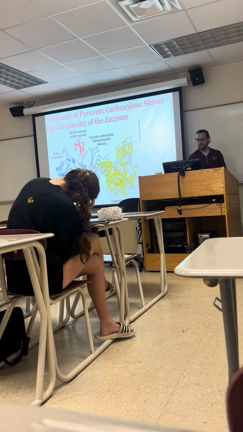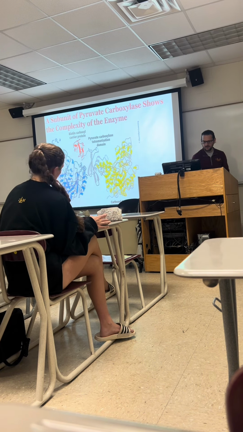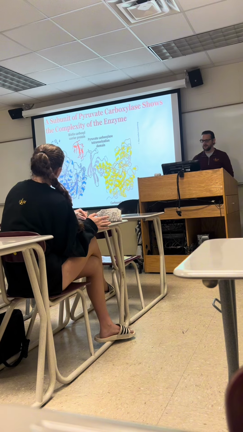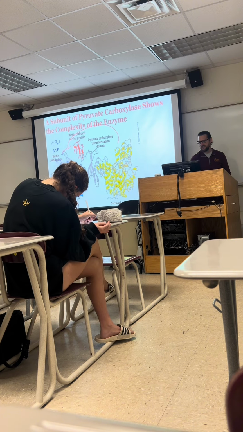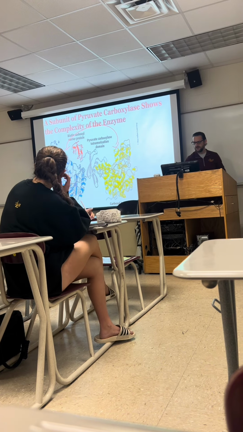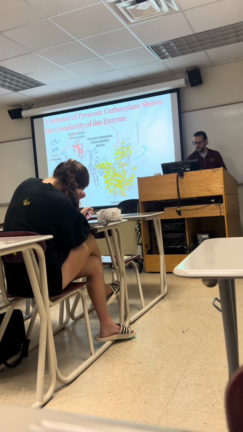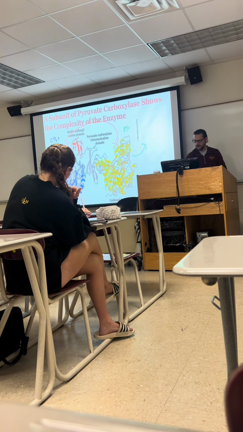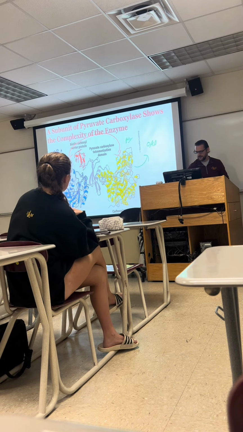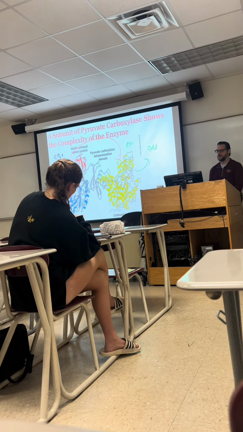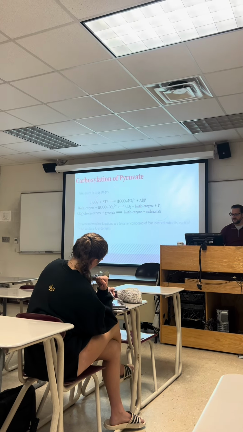So essentially what happens is CO2 plus ATP gives you the biotin, and then that migrates over here, and so you get pyruvate in and OAA out. I put the ATPs over there, but you see the reaction.